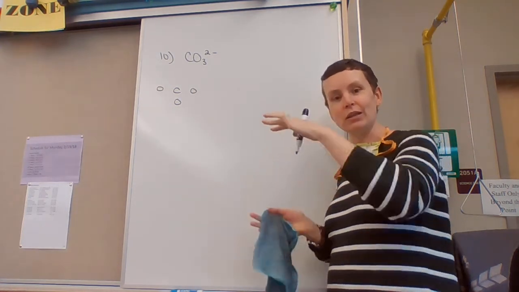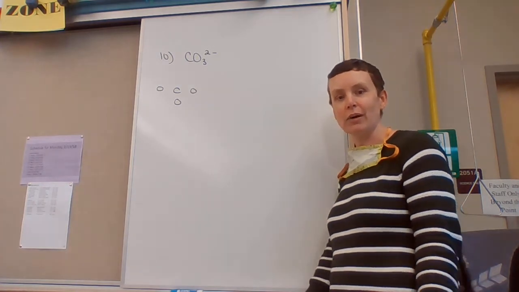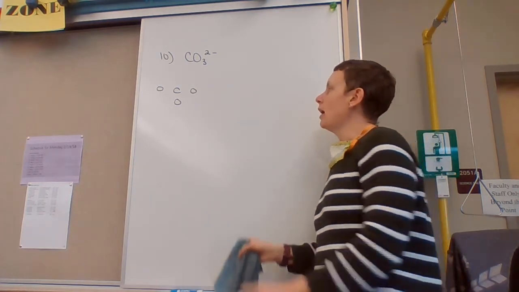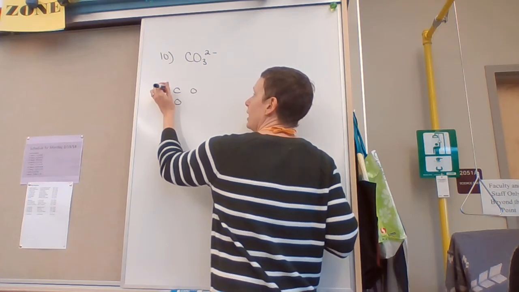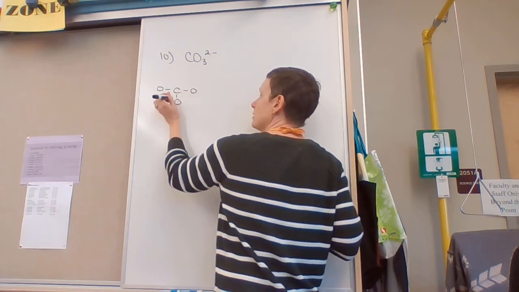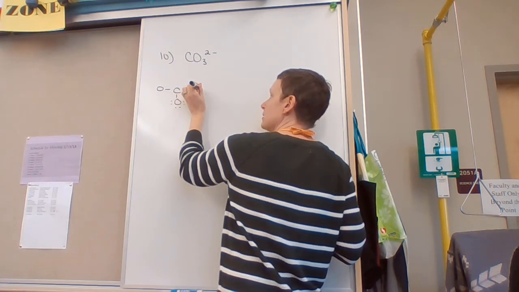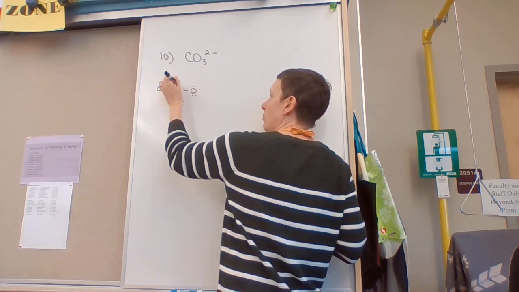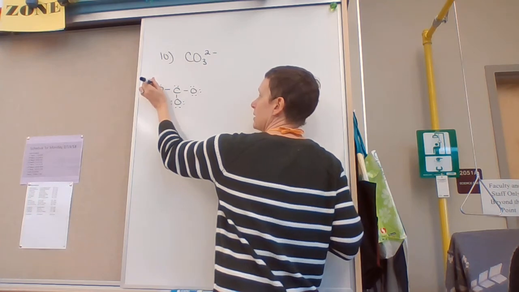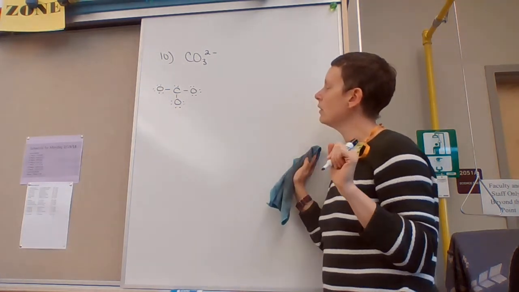So if you want to tilt your structures to see if they look like mine, that's great. Okay. Give everybody 8. I'm going to go ahead and use dashes again for my bonds. Then fill up their empty sides with pairs of electrons so that everybody has 8. I don't have any hydrogen, so I don't have to worry about the except hydrogen part.